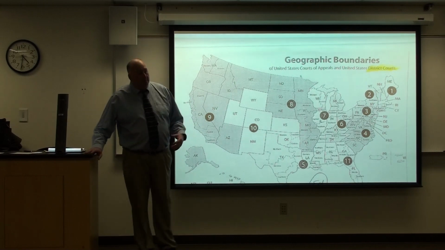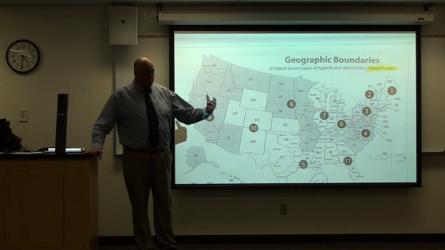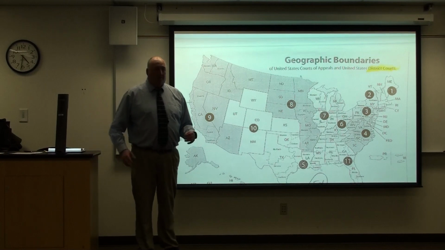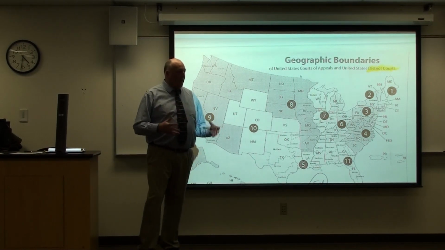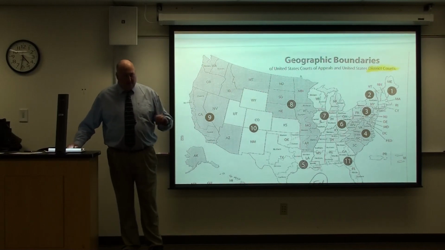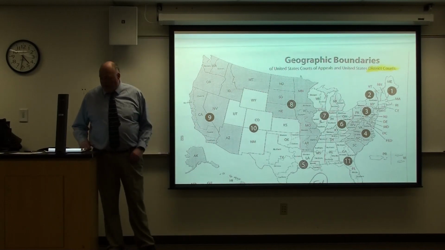Because if it's not, then I need to have the judge dismiss the case because the court doesn't have authority to handle the case. So I've got to pick which court to file the case in, right? And this seems so simple, but let me show you the idea of what I'm talking about.